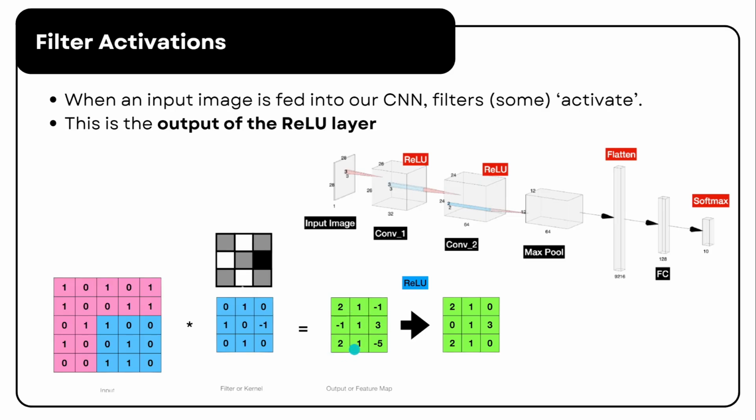As you can see, we have the highest output, 3, and we have others: 2, 1, 1, 2. So we have a pattern here that was activated. This is a critical part of how CNNs understand and process visual data by detecting patterns and activating accordingly.